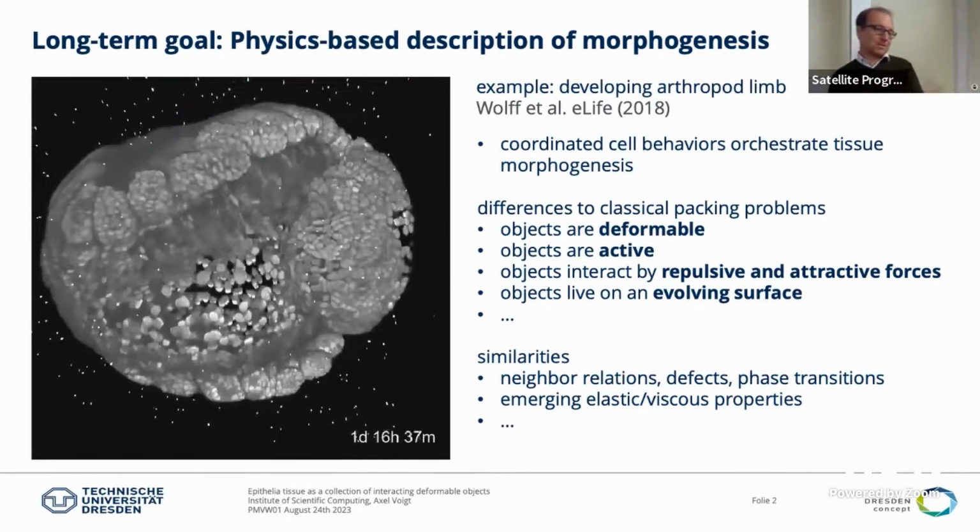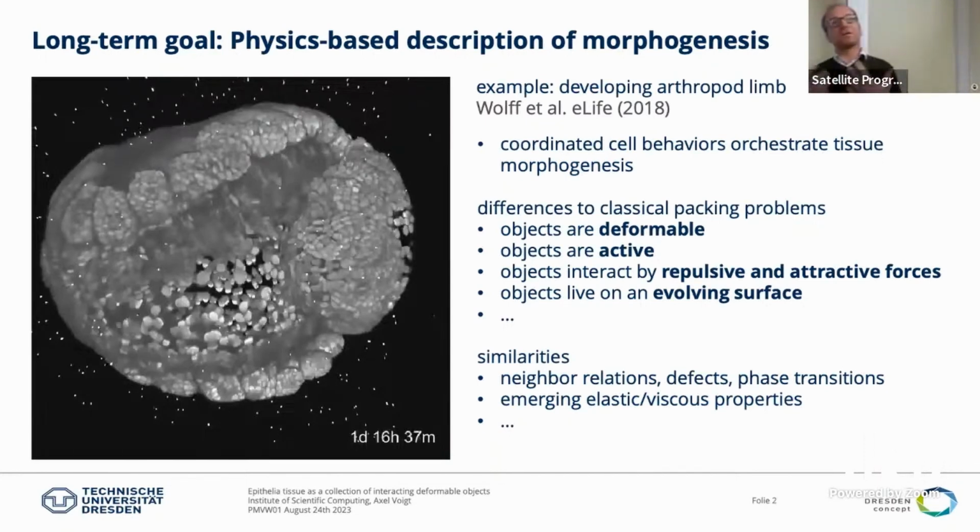Right. There might also be some similarities. So what biologists like to do is to look at neighbor relations between the cells and look at defects there, not only positional defects, also orientational defects, if you interpret some of these things as a liquid crystal. I will come to that. There are phase transitions.